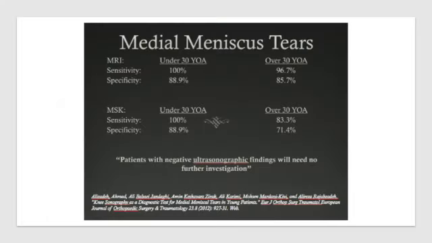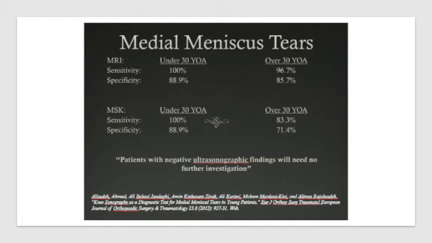So taking a look at medial meniscus tears here, this is a nice little chart, if you will. What we see here is how ultrasound performs against an MRI for a medial meniscus tear.